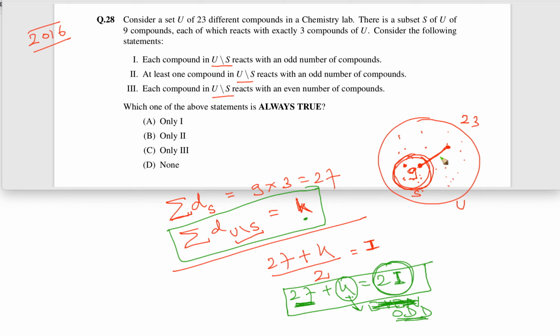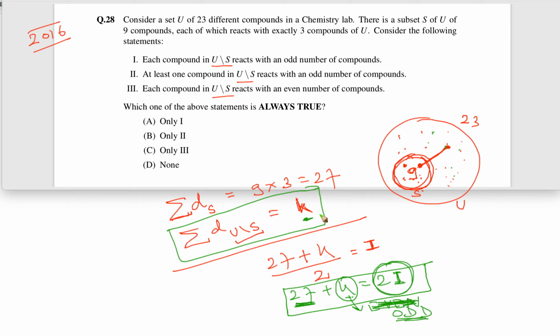So let's say some element is reacting to 4 other compounds, some is reacting to 5 other compounds, but overall, whatever 14 elements are there inside U minus S, everything overall reacts with an odd number of other compounds.